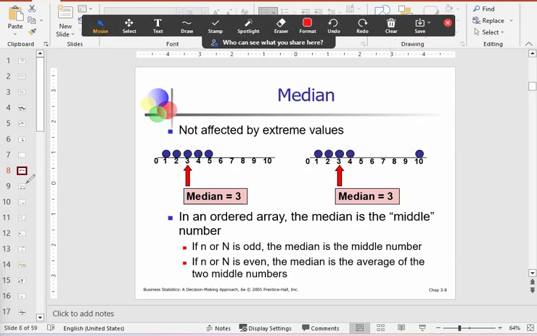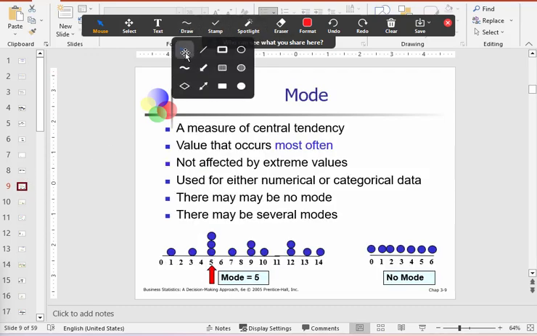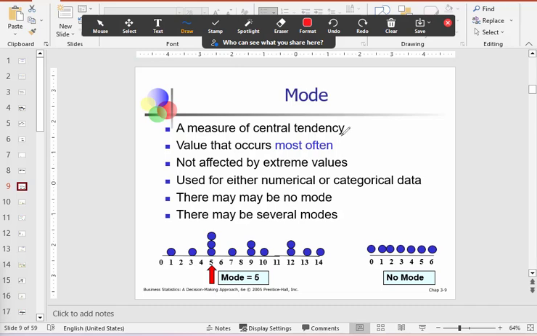And we go towards the next one, that is the mode. So the mode is also a type of central tendency. It focuses on the most often occurring value. So what I call it, the mode usually uses the most repeated case.